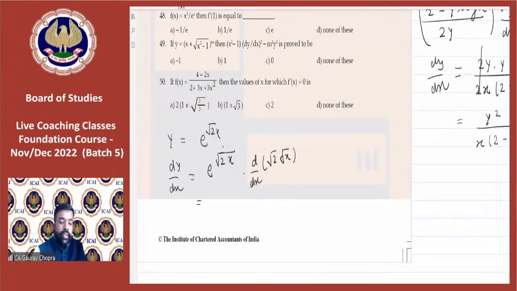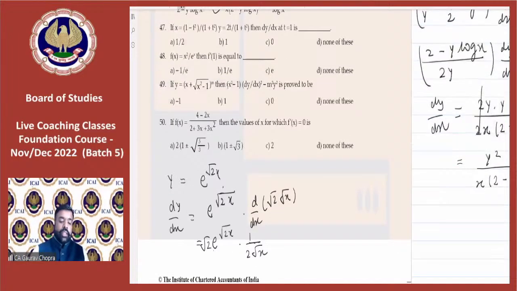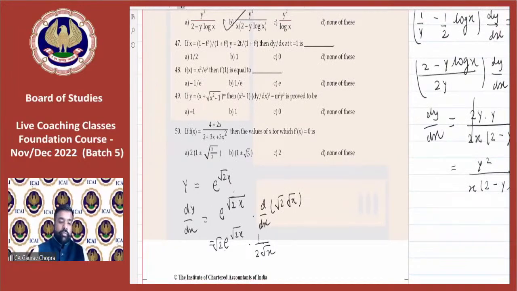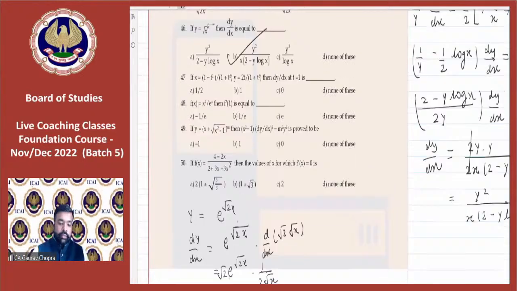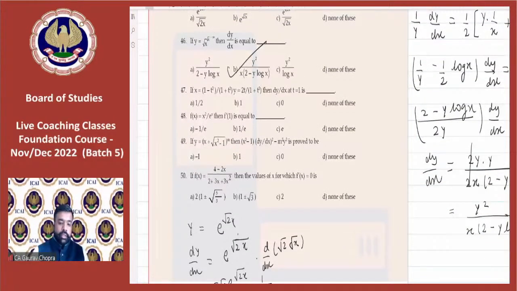So e to the power of root 2x, this root 2 will remain as it is, and the derivative of root x is 1 upon 2 root of x. This is the derivative. Now you can compare and get the final result.